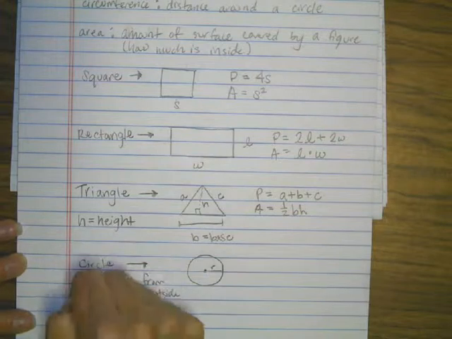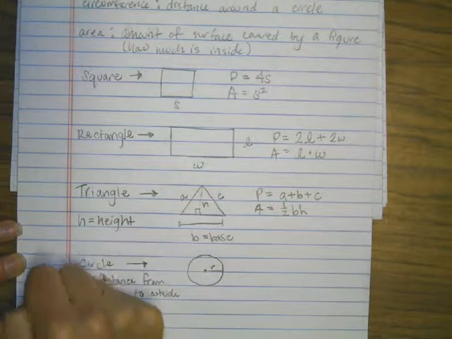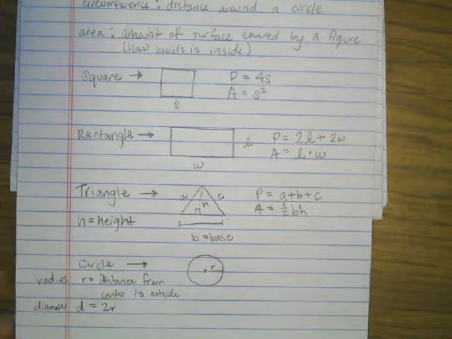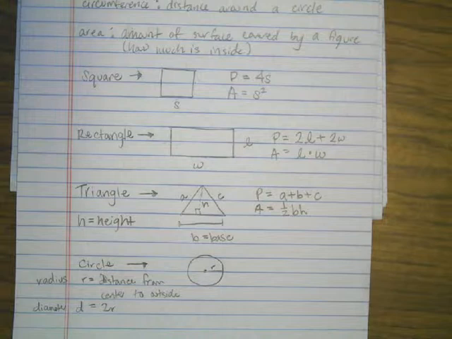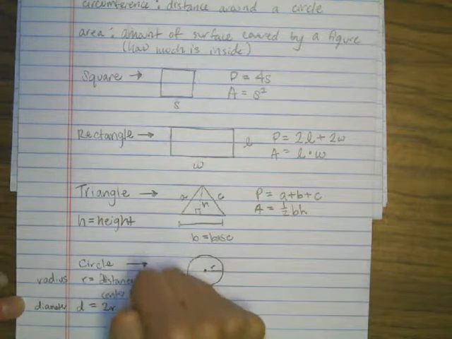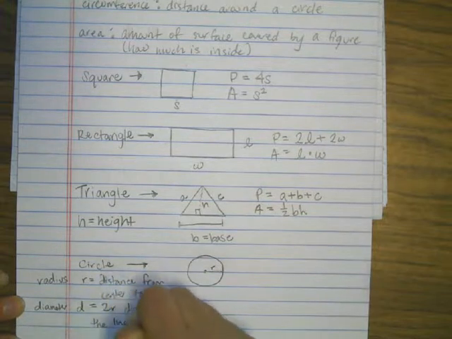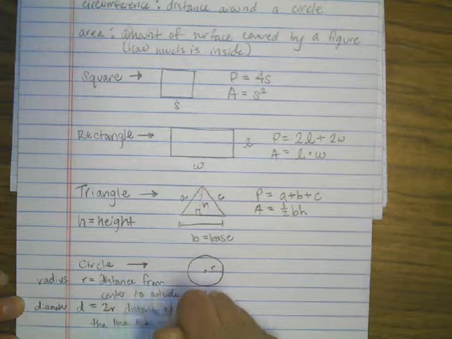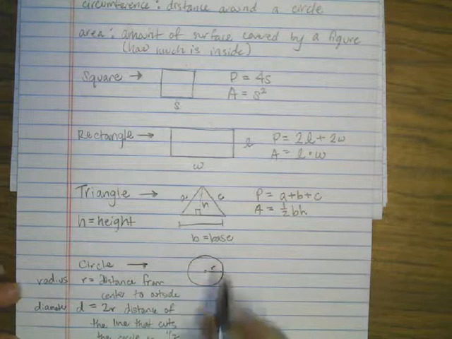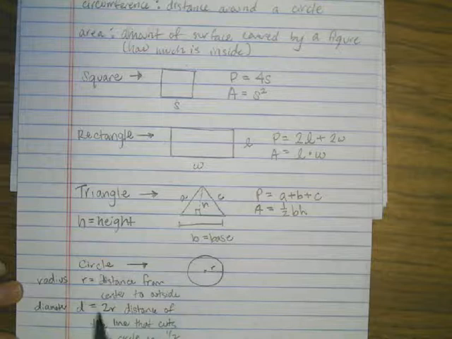The diameter is equal to 2 times the radius, and it's the line that cuts the circle in half. So distance of the line that cuts the circle in half. So here, if this is the radius, the diameter would just be if you extend it on the other side. There's 2 r's, so 2 r is d.